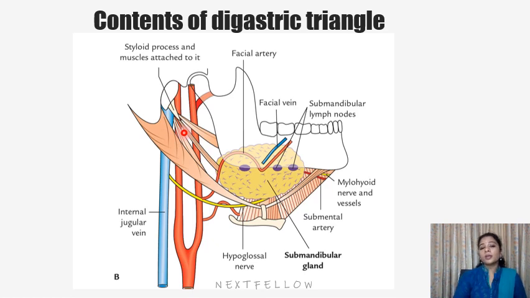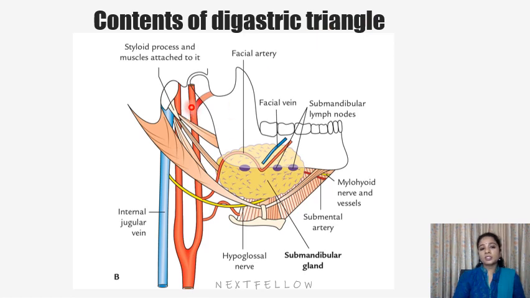And also the triangle contains glossopharyngeal nerve and pharyngeal branch of vagus nerve and part of parotid gland in the posterior part. Glossopharyngeal nerve is here medial to the styloid process, then pharyngeal branch of vagus and part of parotid gland.